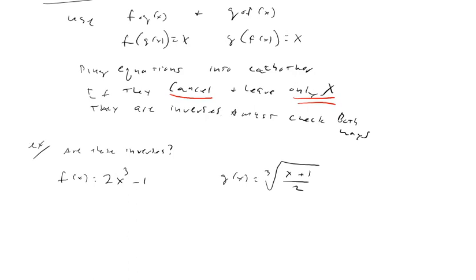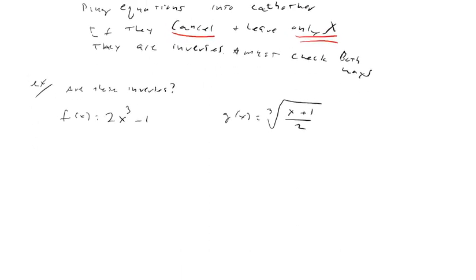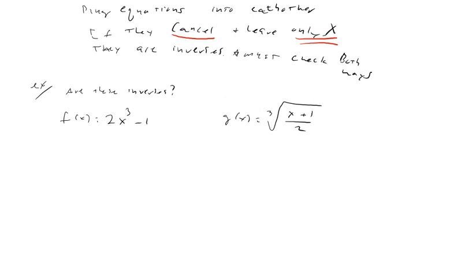Are these two functions inverses of each other? How do we tell? Well, we're going to do f of g and check it out, and then we're going to do g of f and check it out.